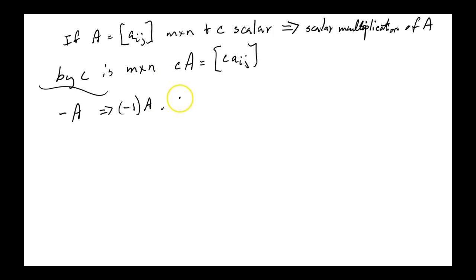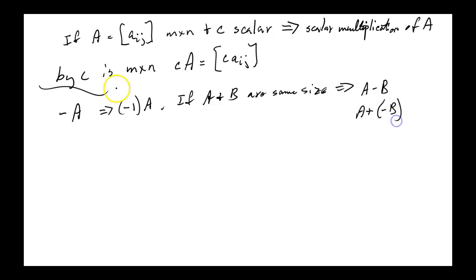Now, if A and B are of the same size, identically the same size, then A minus B is another way of writing matrix A plus the opposite of B. Just like right up here, the opposite of A is -1 times A. So really, just like with signed numbers, when you're subtracting signed numbers, you add the opposite of the number.